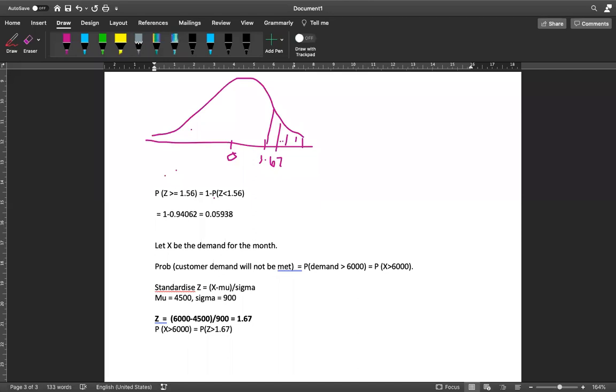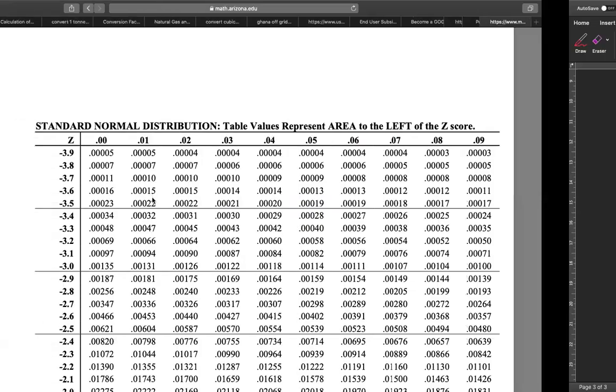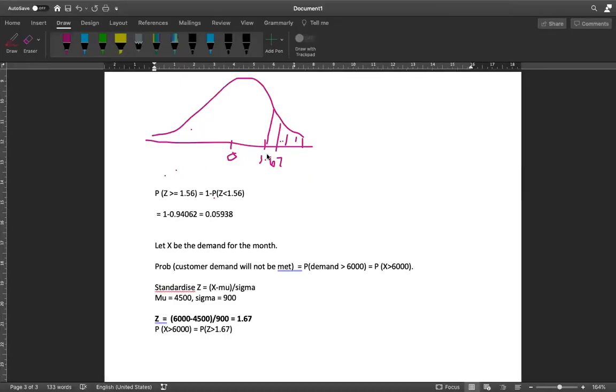So how do we read this from the statistical table? Remember that the statistical table reads from the left of Z, but we are now looking for areas to the right of Z. So how do we read this?